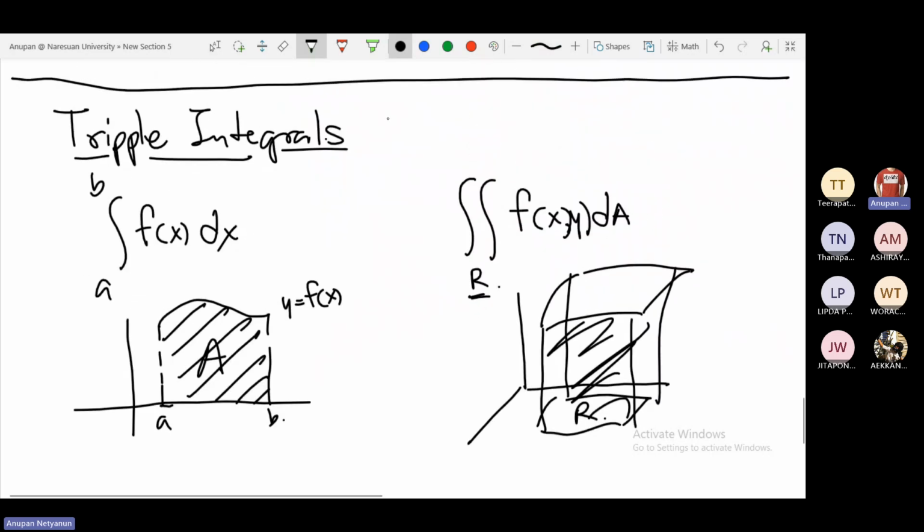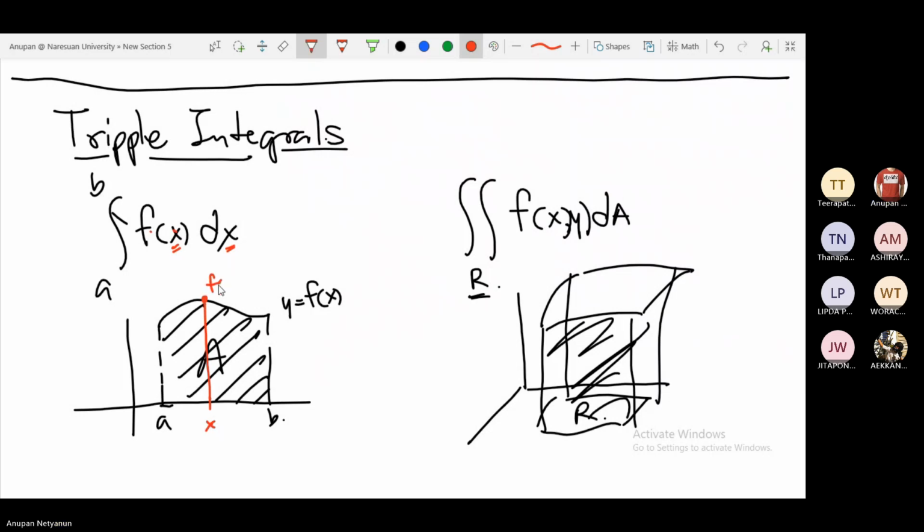Let me show you another way. In order to get the area, if we consider any particular x, your f(x) is what you get when you take x and plug it in this function; you get the y value, which is the height.